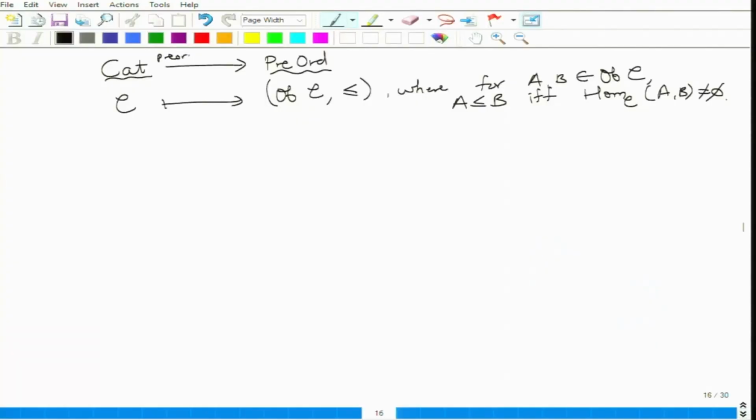So compositions will transform into transitivity, and identities will give you reflexivity. So we are indeed in a pre-order. This is called a pre-order reflection, and you can also do it with CAT in all caps.